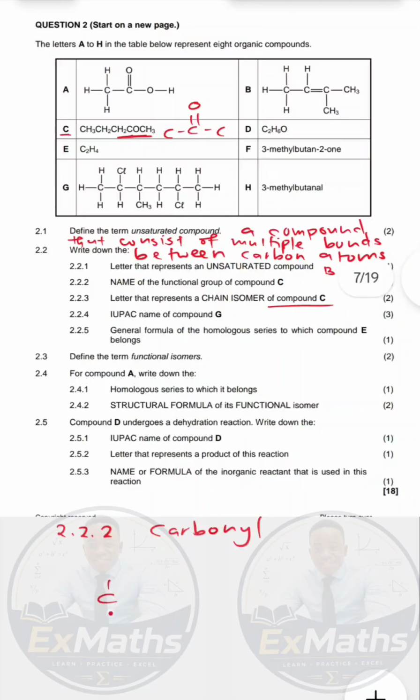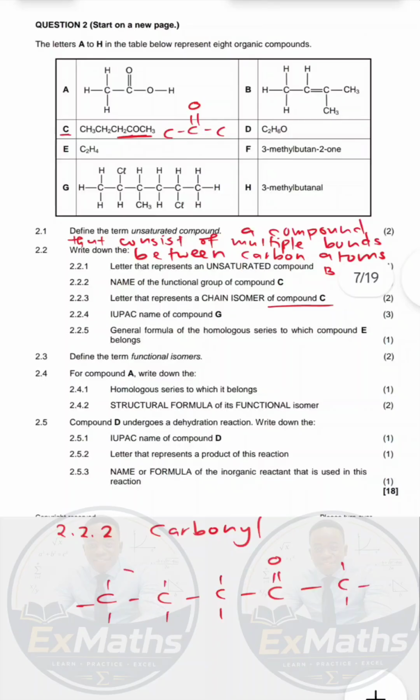So we have CH3, we have CH2, CH2 again, C double bond O, then CH3. The rest are hydrogens here. So we want to see what could be our chain isomer here. So let's try to form a branched chain here.